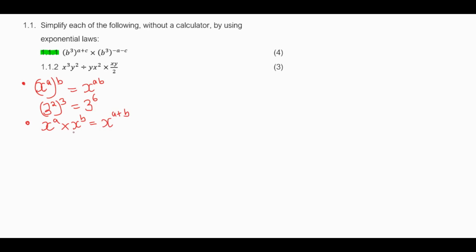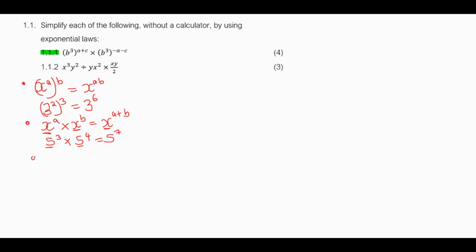The base is x here and x here. You keep the base, don't change it, just add the exponents. Like 5 to the power 3 times 5 to the power 4 becomes 5 to the power 3 plus 4, which is 7.